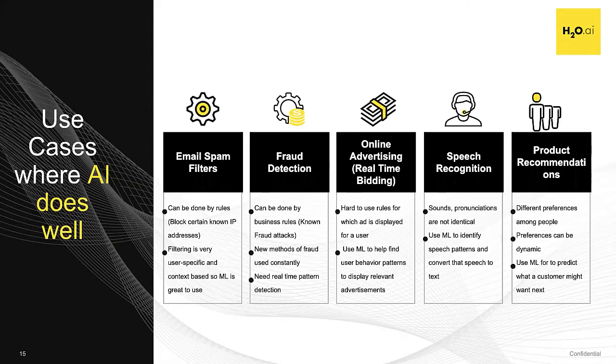And so the next one, speech recognition. This one is interesting because, just think about how your voice is different from my voice, which is different from someone who might live in another country. The voices and the combinations of sounds and the individual word pronunciations, there are so many of them.